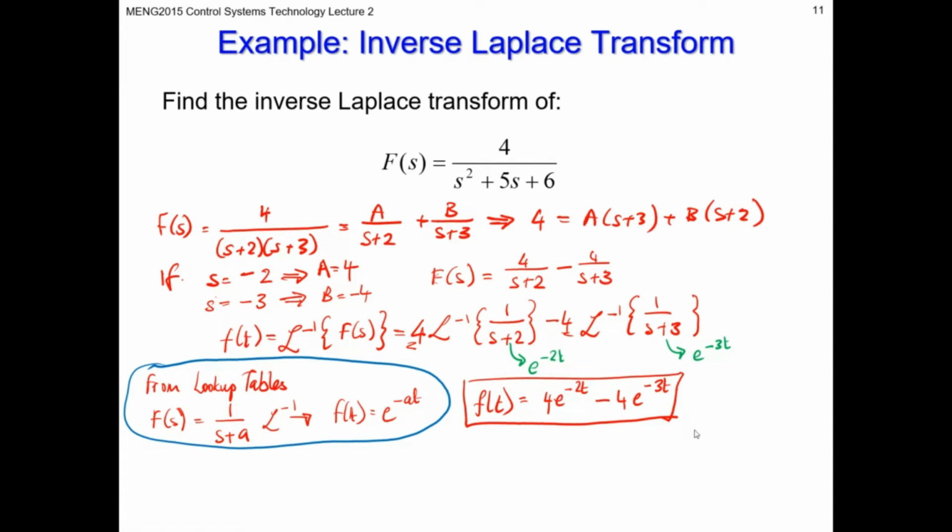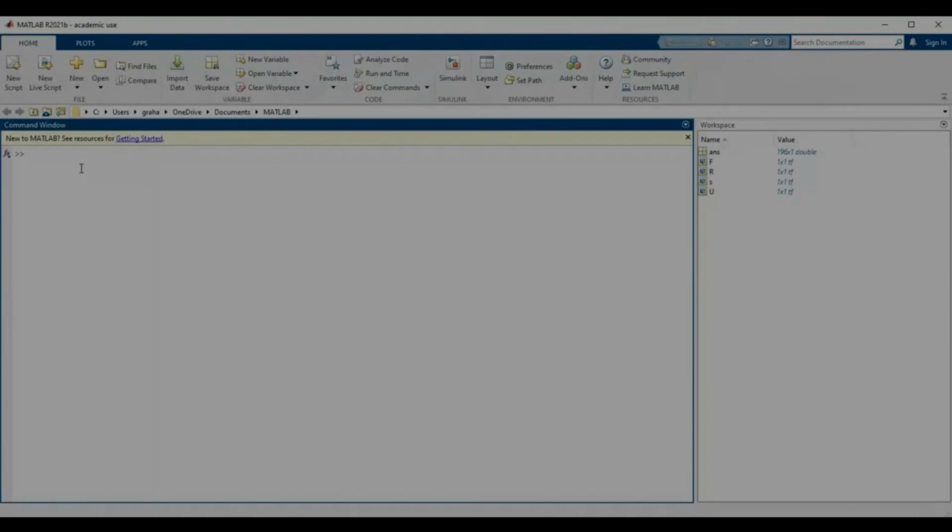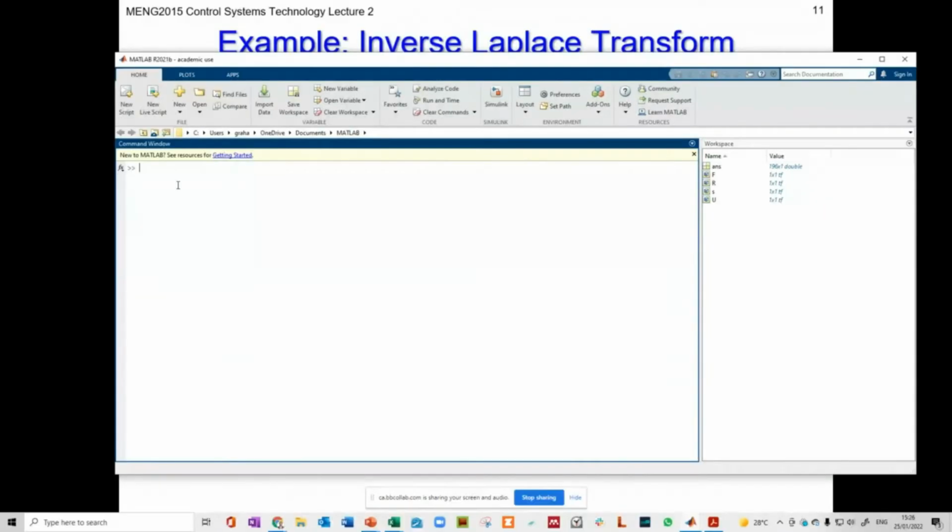Now, I'm going to switch across to MATLAB at this point, because another thing we might want to do is to actually plot this and see what it looks like. We're going to use MATLAB here. So let's replicate what we just had. F equals, I'm going to do it in parts.